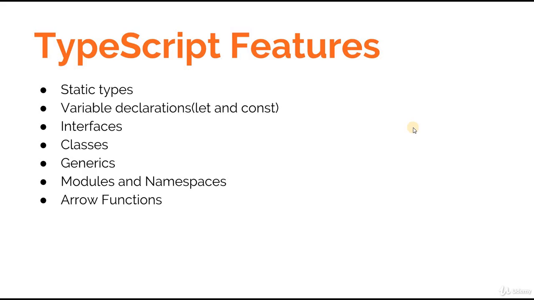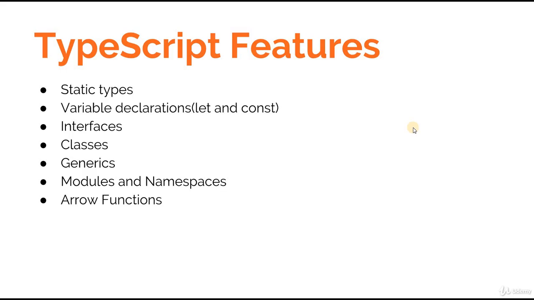Okay, then we'll have a look at interfaces that are sorts of contracts that we can use to impose some conditions on classes that implement these interfaces. Then we have classes that are blueprints of objects, which are real-time entities.